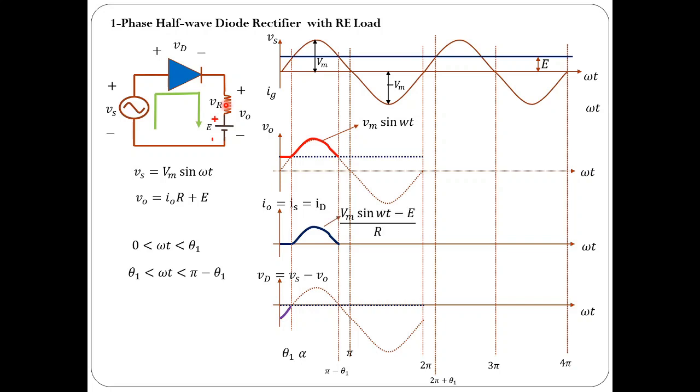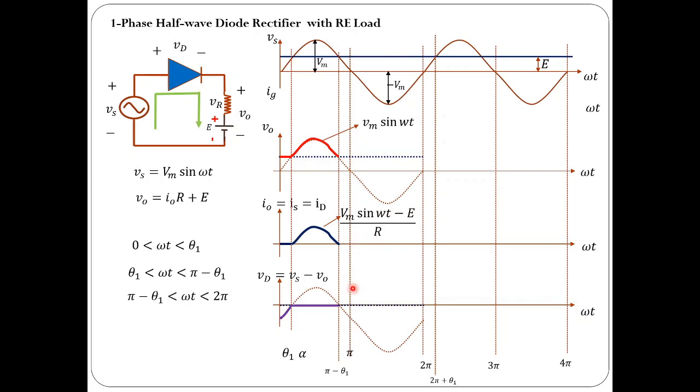Now during this interval, the diode is forward biased, so the diode voltage is going to be 0 from theta 1 to pi minus theta 1, and the current through the load is equal to Vs minus E by R, that is Vm sin omega t minus E by R, where Vm sin omega t is equal to Vs.